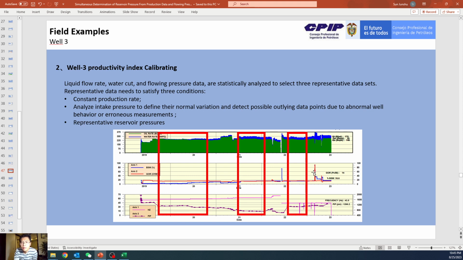Third period, from July 2022 to the end of 2022. Flowing rate 300 to 290 barrels per day, with a BSW of 15%. ESP frequency 43 Hz. Intake pressure slightly declines.